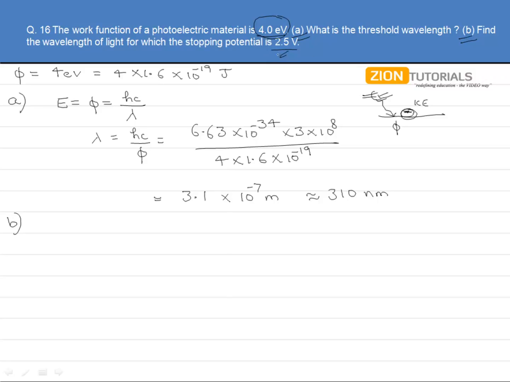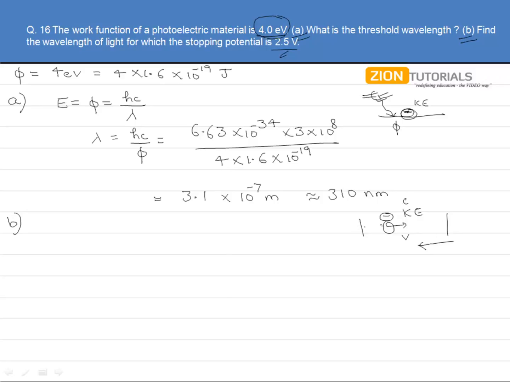Now if the stopping potential is 2.5 volts, we know that if this electron is moving to the right with some kinetic energy and some velocity, then we apply, since this is a negative charge, an electric field so that a force in the opposite direction is applied on this electron. So this is an electron, right? It is having a charge e.